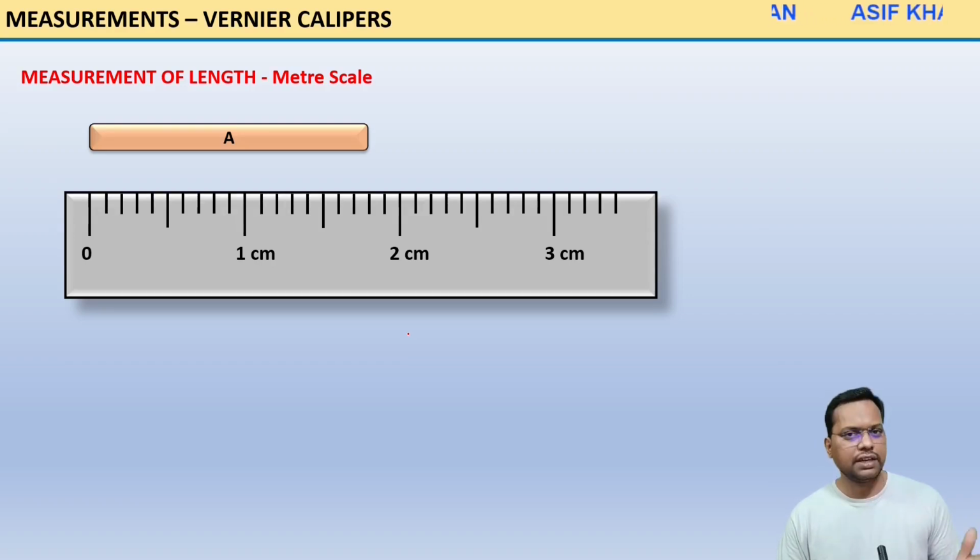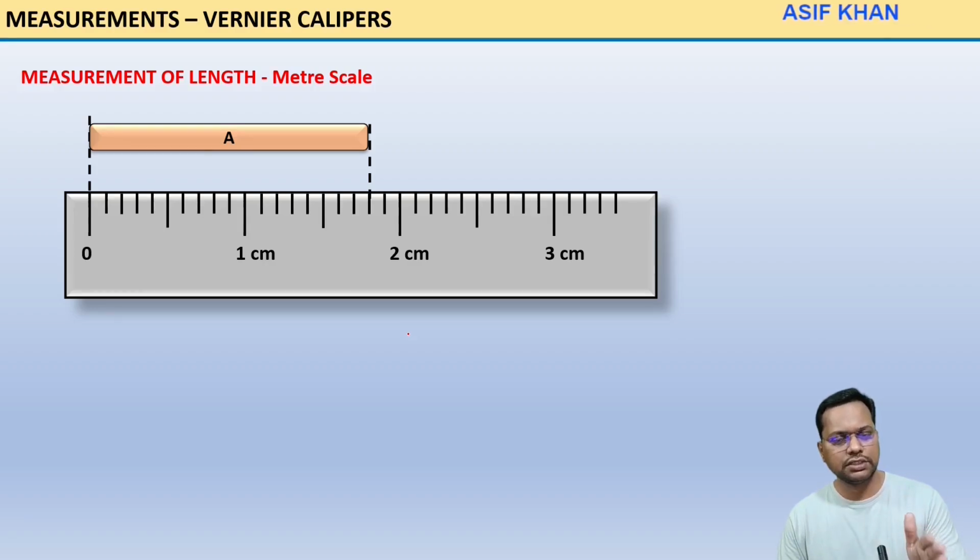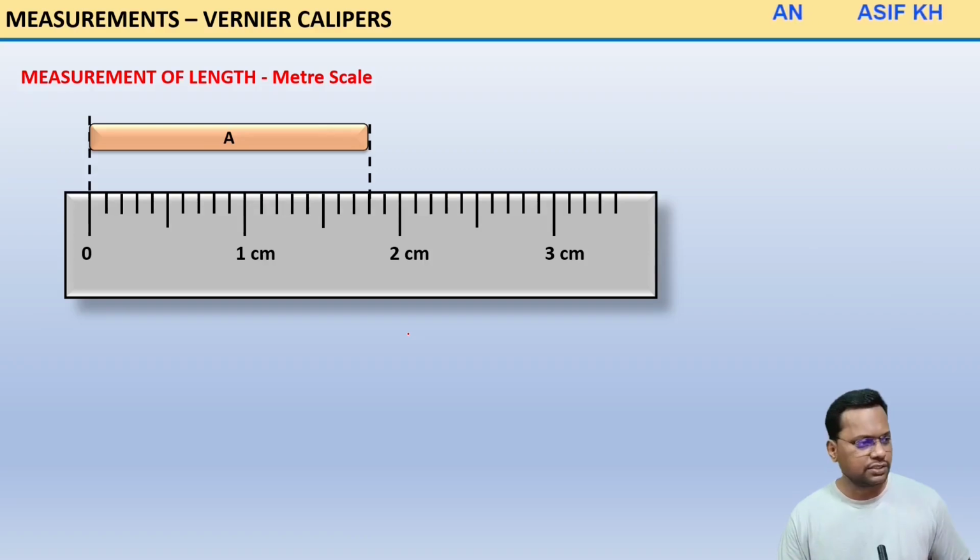So we compare the length of the object with the given divisions. We coincide one end of the object with the 0th line, and we see with what division the second end of the object coincides. Here it is coinciding with 1.8. So 1.8 centimeter or 18 millimeters.